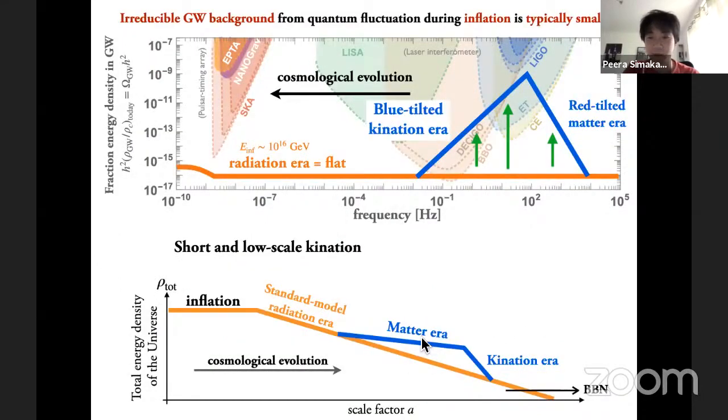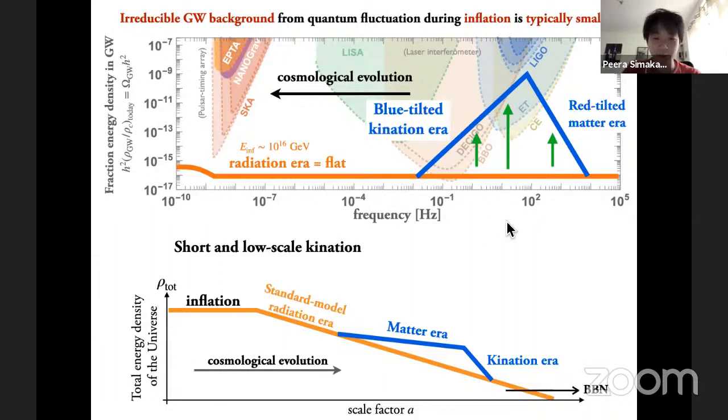With this matter era, the spectrum will have a red tilt that cuts off the blue tilt from the kination era. And very interestingly, this modified cosmological history will generate a spectrum that has a peak shape like this, which will be a very interesting gravitational wave signature to search for in the future.